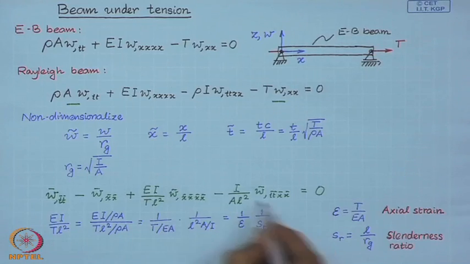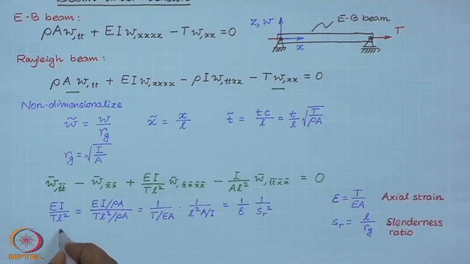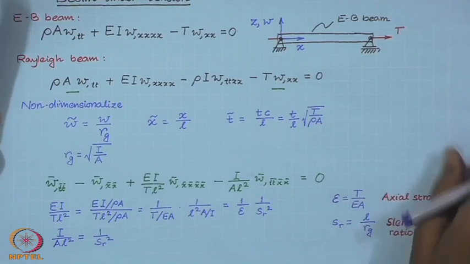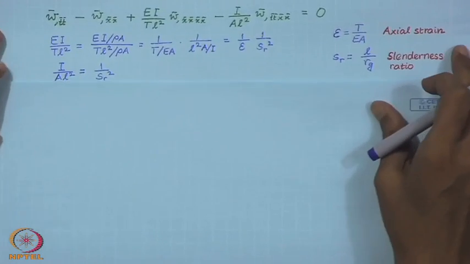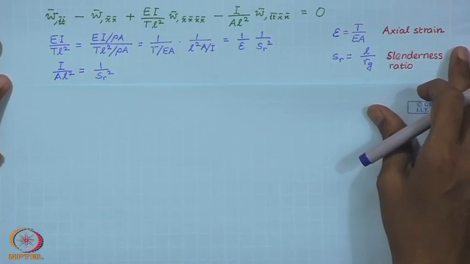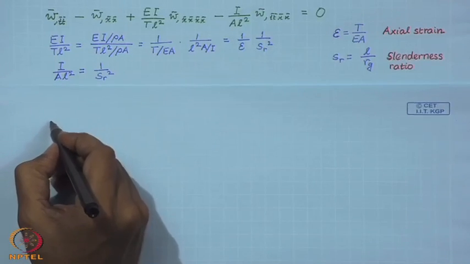Similarly, this coefficient is 1 over slenderness ratio square. Now, using these definitions, we can rewrite the equation of motion.